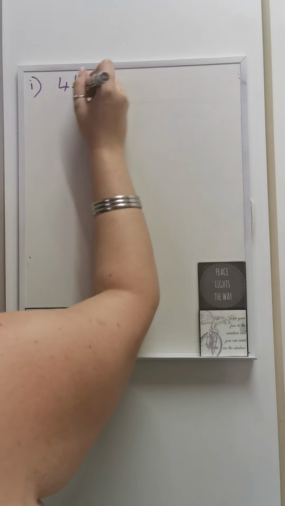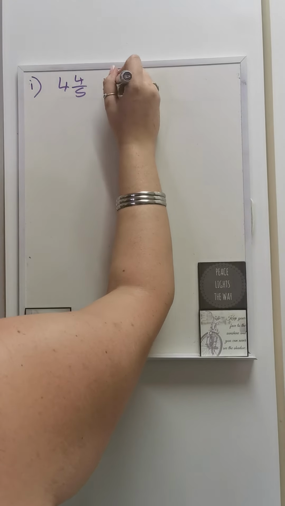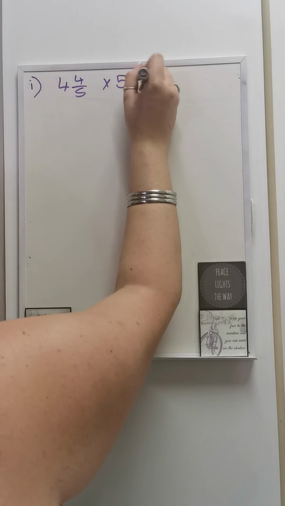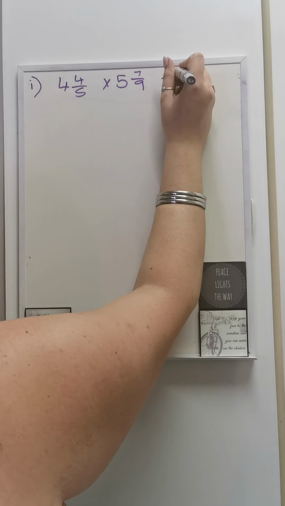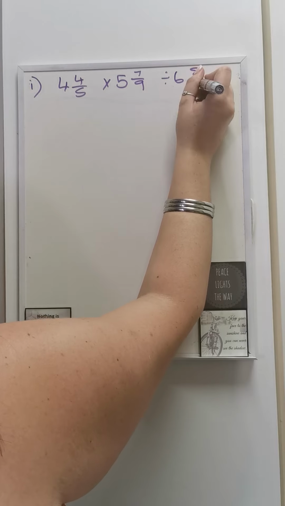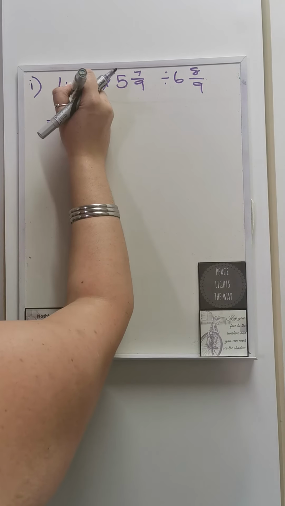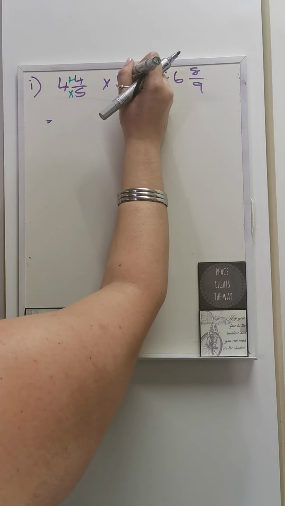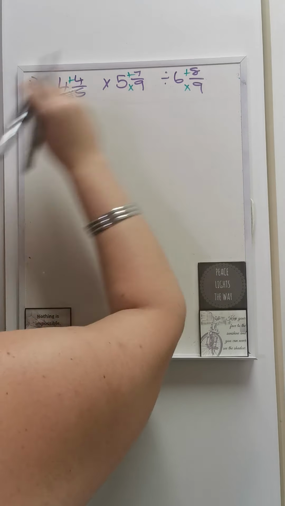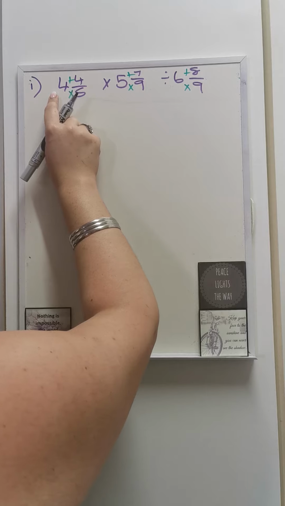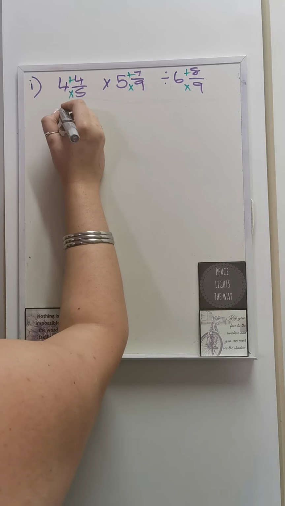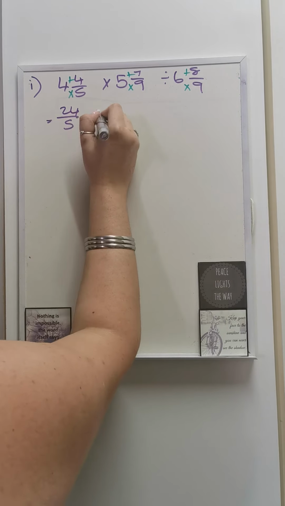Okay, number I. 4 and 4 over 5 times 5 and 7 over 9 divided by 6 and 8 over 9. Remember, I have to go times and plus, times and plus, times and plus. 4 times 5 gives you 20, 20 plus 4 is 24 over 5.